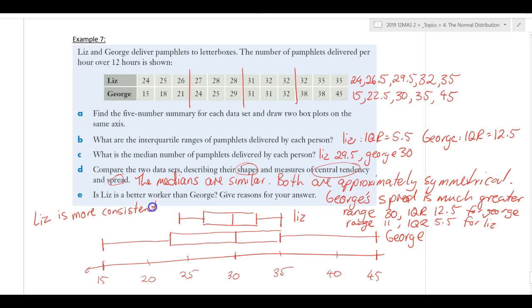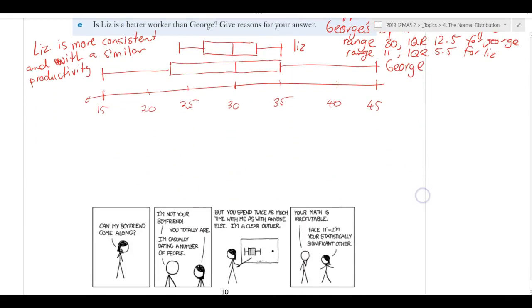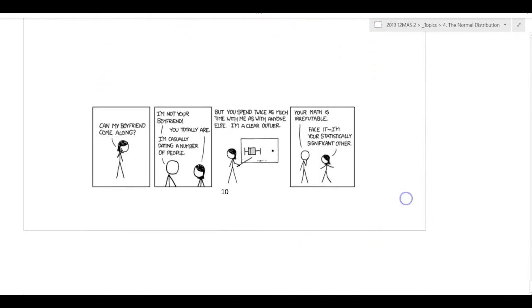Maybe it's not. And with a similar productivity, so probably better. Rightio.